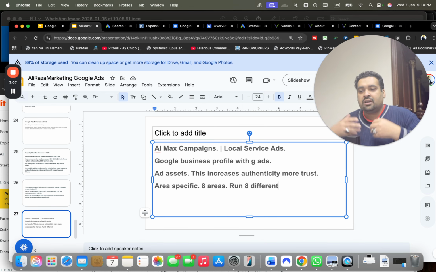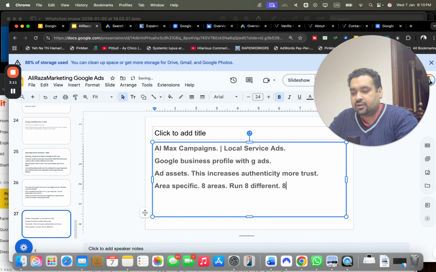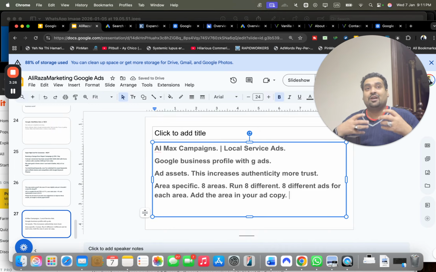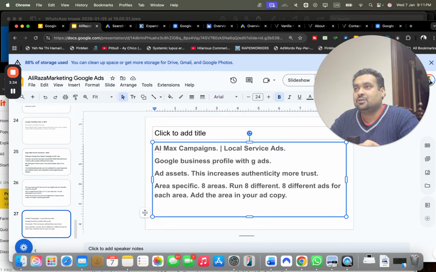You also need to have 8 different ads, one for each area, and add the area in your ad copy. This also increases the trust and the customer's sense of value, like, oh, they are talking to me. The ad becomes highly relevant, so I think this increases sales and authenticity.